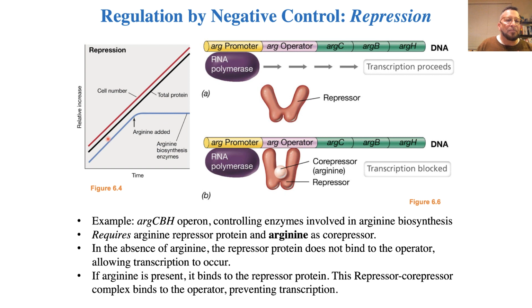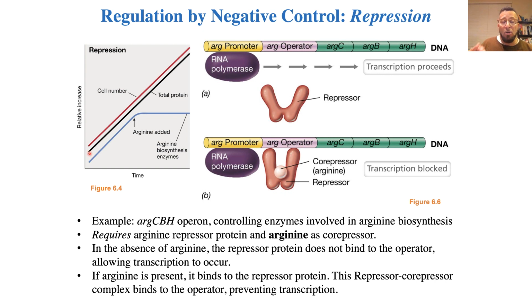So for example, in this graph, we're looking at the relative amount of three different factors: number of cells in red, the total amount of protein in black, and the amount of the arginine biosynthesis enzymes in blue. And at the bottom is going to be time. At the beginning, when arginine is not present, you can see that the cells are growing and the number of cells is increasing.